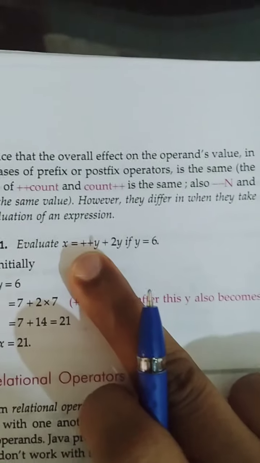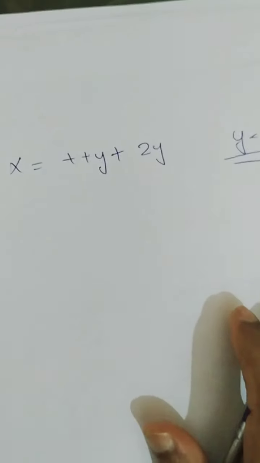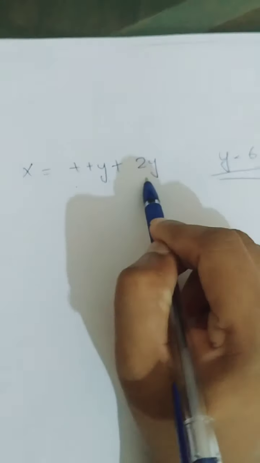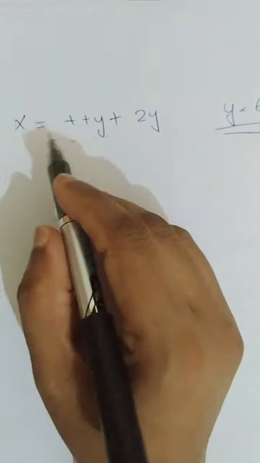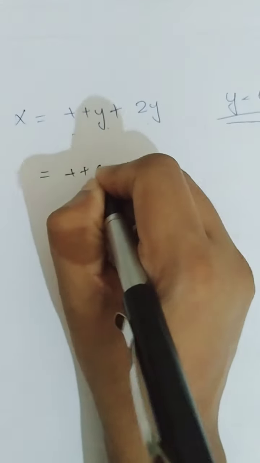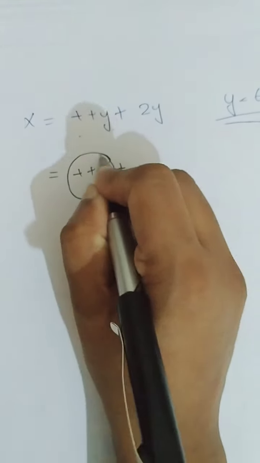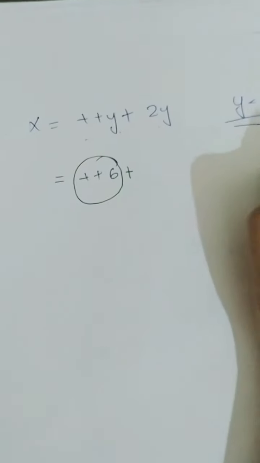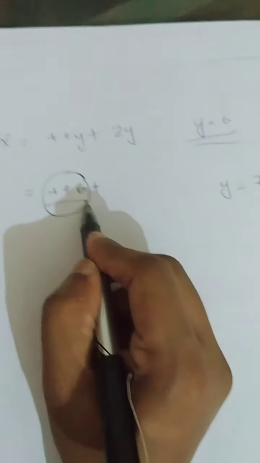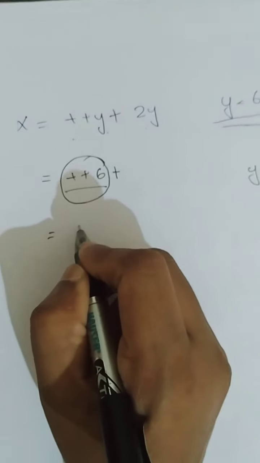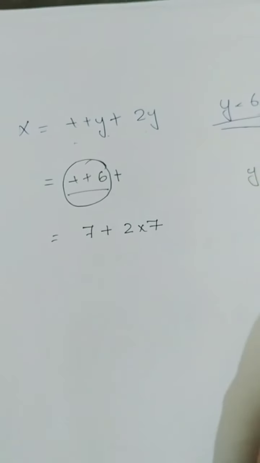They have given x is equal to plus plus y plus 2y, if y is equal to 6. We will solve this expression. We have x is plus plus y, means plus 6, plus what happens after this? After the first thing, y's value becomes 7, so it will come 7 plus 2 into 7.